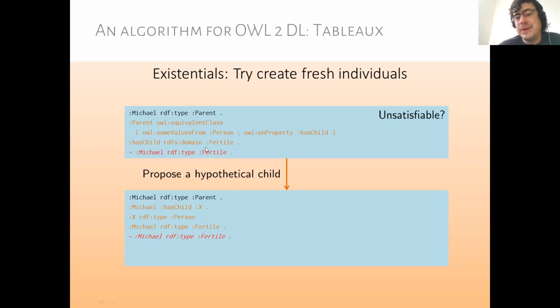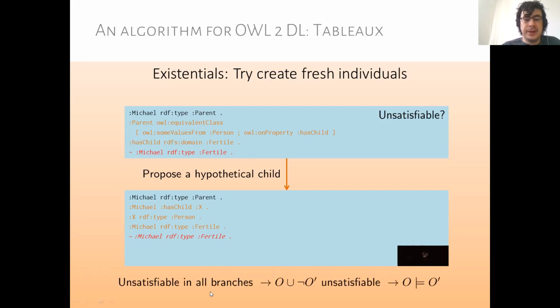So essentially what happens is if we have these sorts of something exists, then we just add something. Doesn't matter what it is, we just put some element there and say, okay, we have X in that position. And we continue in the same way. So this is inconsistent, which means that the entailment holds. So unsatisfiable in all branches. There's no disjunction here. It's just one branch. Therefore, O entails O prime.